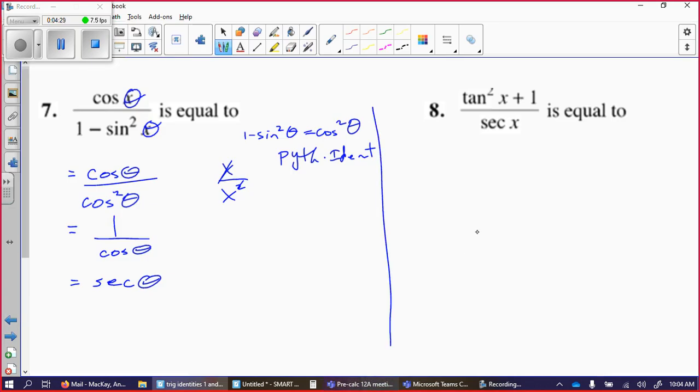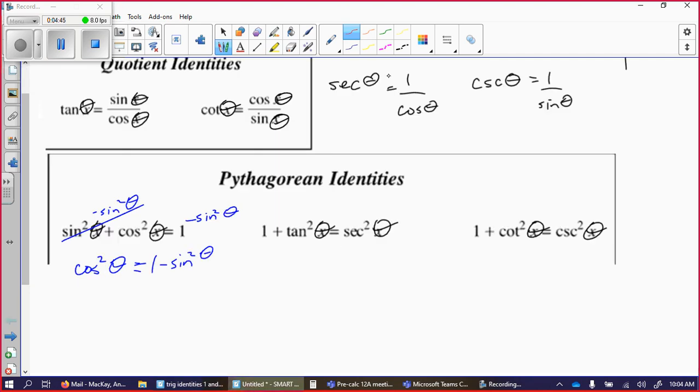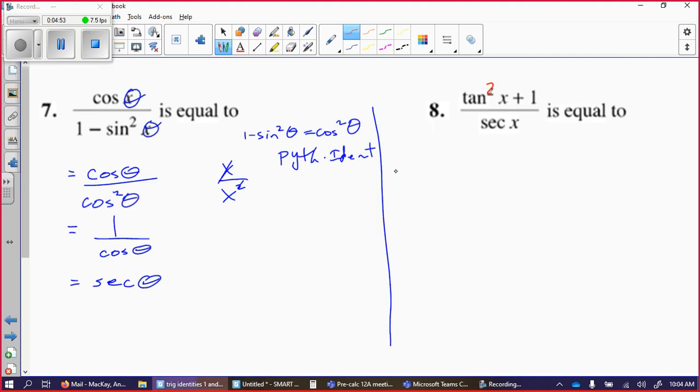That's all I kind of want to do today. I'm going to use different colors for different sides. There's a squared up there and a plus 1. When I see a plus 1 with any function, I know I want to go over to here, where 1 plus tan squared is equal to secant squared. So I can put secant squared up into here.